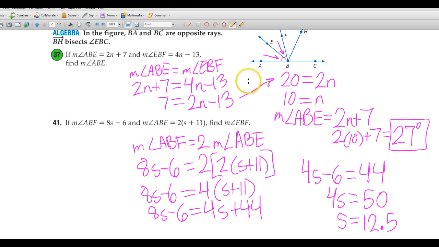Now we need to substitute in to find EBF. So EBF, we weren't given an expression for that, but EBF is congruent to ABE, which we were given an expression for. ABE right here. So EBF will be equal to ABE, which is 2 parentheses s plus 11.